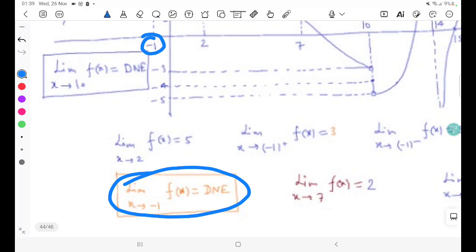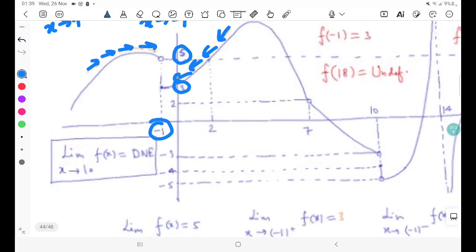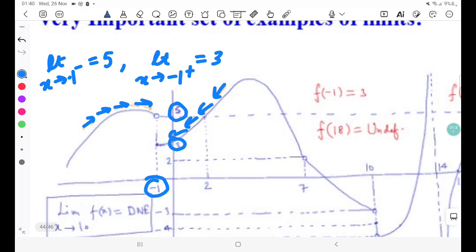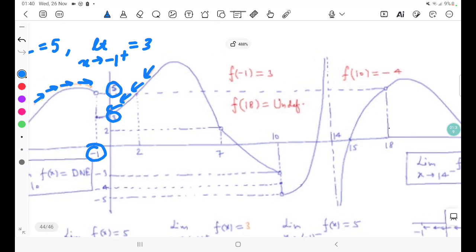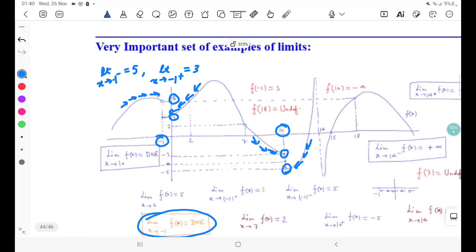This is a very important example of jump discontinuity, where the limits of the function exist but they are not equal. Similarly, we can notice another example of jump discontinuity in this graph at x = 10. Here also, from the left hand side, the graph approaches -3 as x approaches 10. And from the right hand side, as x approaches 10, the graph approaches -5. So both the limits of the function exist but they are not equal.